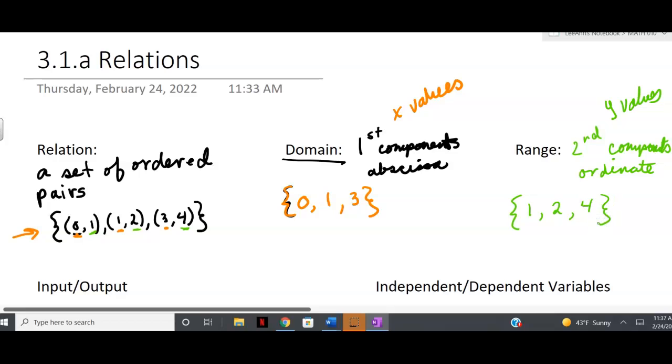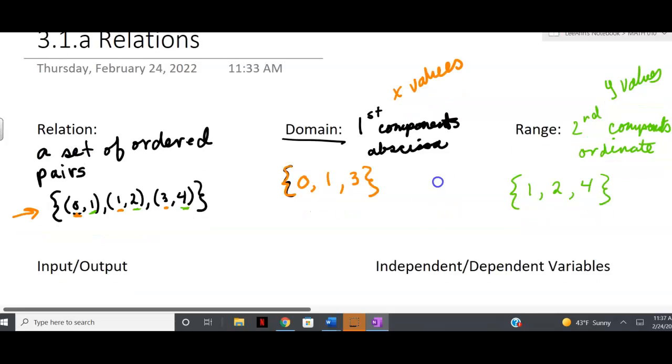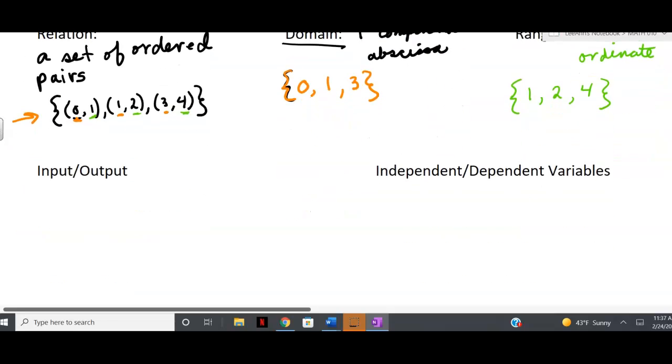Okay, so a relation is just a set of ordered pairs. The domain is the first components, or if we're doing an XY ordered pair thing, it's the X values, and the range is the second components. Okay. We also talk in terms of input and output. Input is the X, output is the Y, okay?